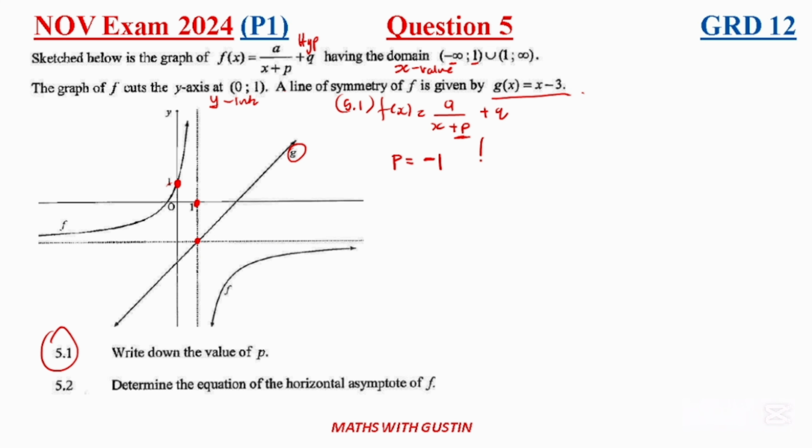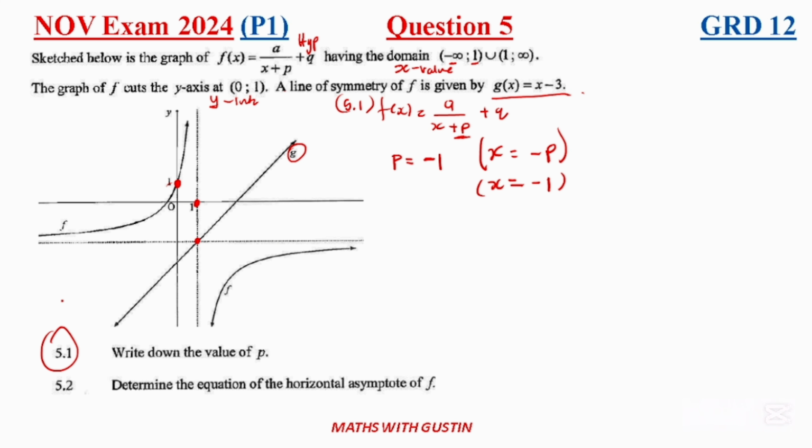If you want to work it out, here is the formula: minus p. You just take the vertical asymptote and put it there. You can just say x is equal to negative the vertical asymptote, which is 1. So therefore it's going to be -1. This is how you would solve for it if you were to work it out.